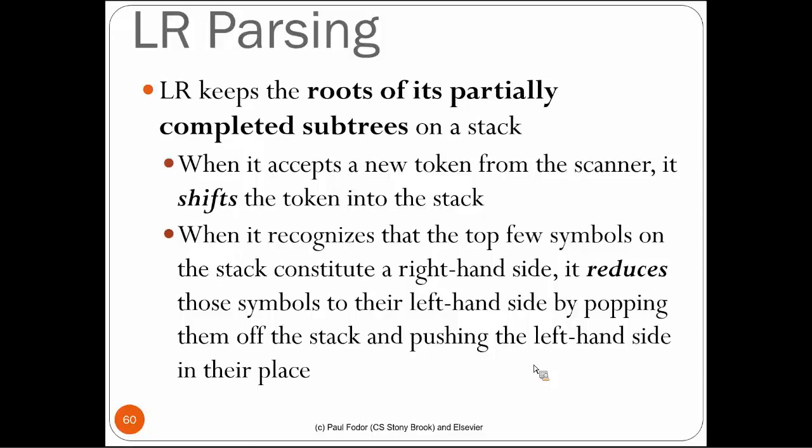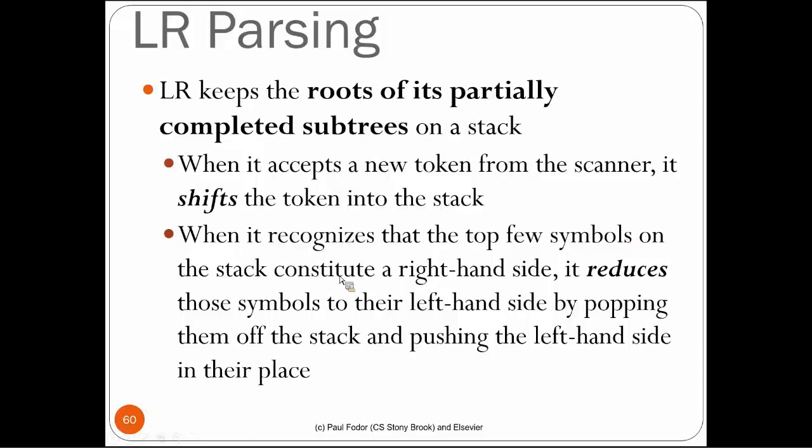So if we had ID A followed by comma, followed by ID B, followed by comma, followed by ID C, followed by semicolon, it will push these tokens onto the stack in order. It pushes ID A, then it pushes comma, then it pushes ID B, and so on. This operation is called shifting.